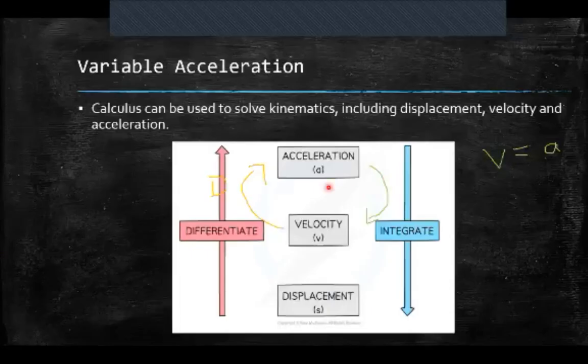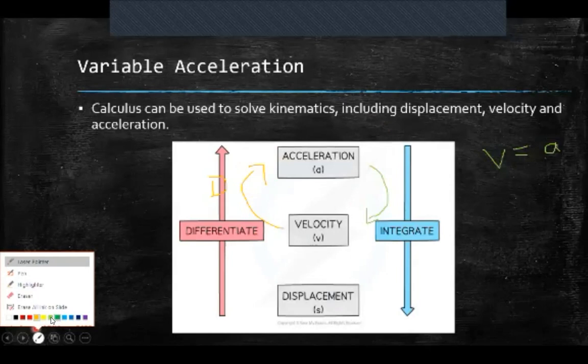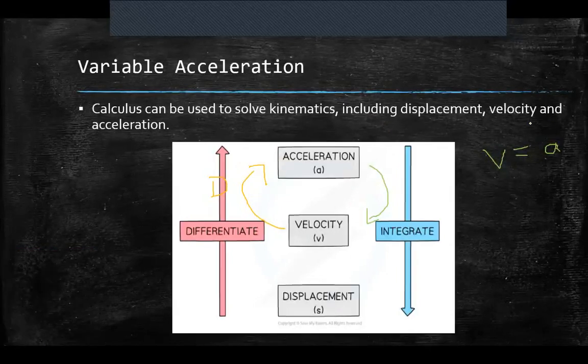This green arrow is the opposite of the orange arrow. What is the opposite of differentiation? It's integration. So given acceleration and asked to find velocity, we would be finding the integral with respect to time. So v is the integral of a dt. Do you understand that?